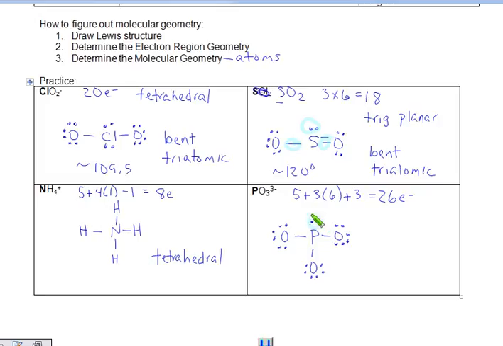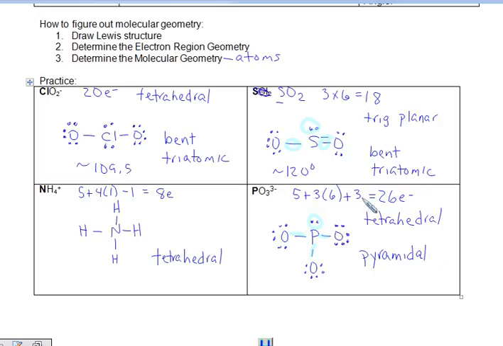We have the electron region due to the lone pair, with the electron region due to each one of the bonds. So we have a total of 4 regions around the central atom. So this is tetrahedral in terms of our electron geometry. But what we're really interested in is the molecular geometry. So in this case, our molecular geometry is pyramidal, or pyramidal, depending on how you want to pronounce it.